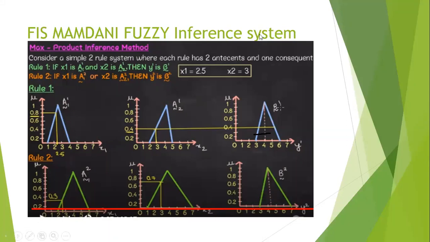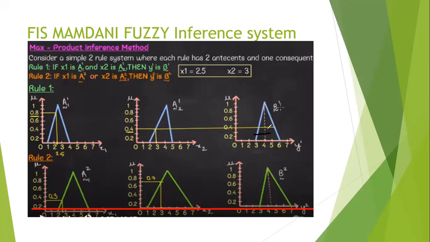The only variation here is that you are going for a truncated membership function, that is, you are scaling down your membership function value. Corresponding to 2.5 in the first rule you have membership value 0.8. Corresponding to 3 you have 0.4.